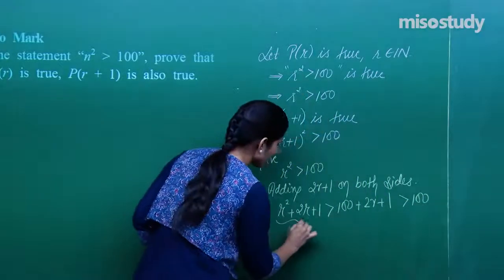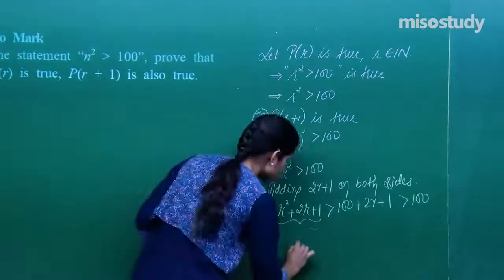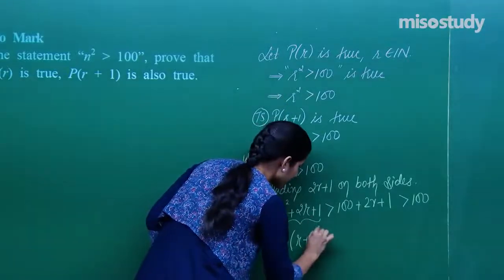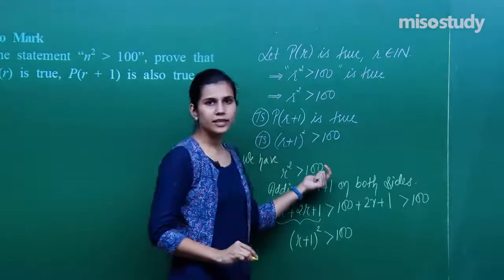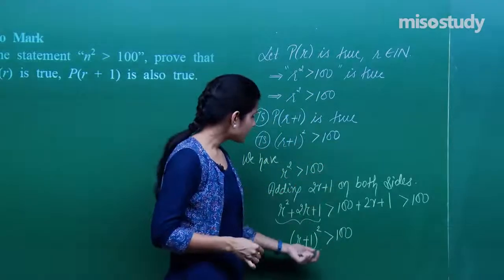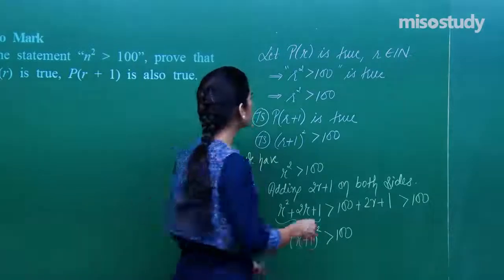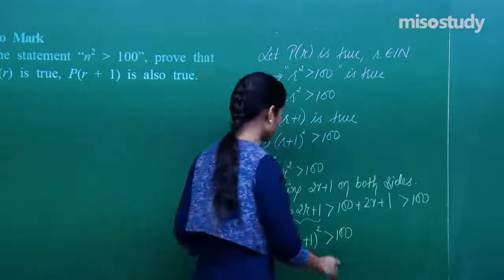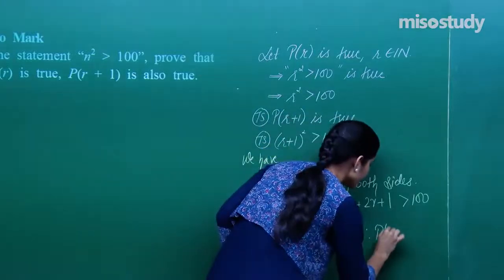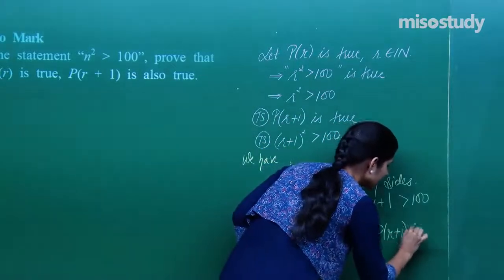And what is r square plus 2r plus 1? It is (r plus 1) whole square. So if I am assuming r square is greater than 100, I am getting (r plus 1) whole square is also greater than 100. That means if Pr is true, then Pr plus 1 is also true. Therefore, Pr plus 1 is true.